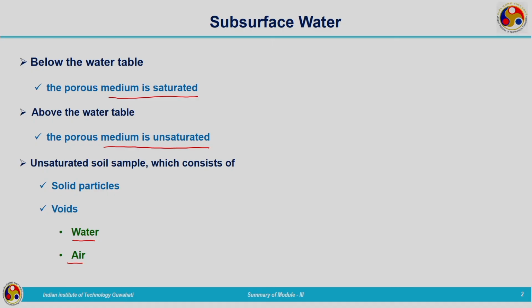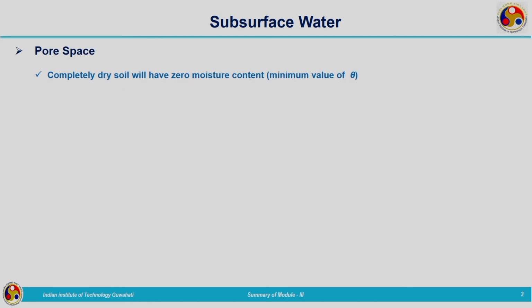After understanding this, we need a proper understanding of the pore space present in the soil. In the case of a completely dry soil, we have zero moisture content, or for relatively dry soil, there will be some amount of moisture content depending on the initial condition. So, there will be a minimum value of theta.